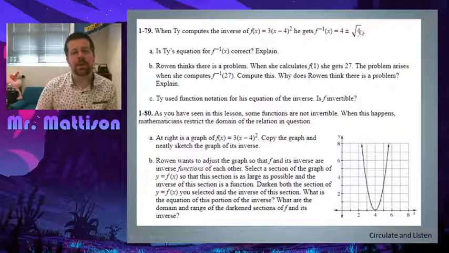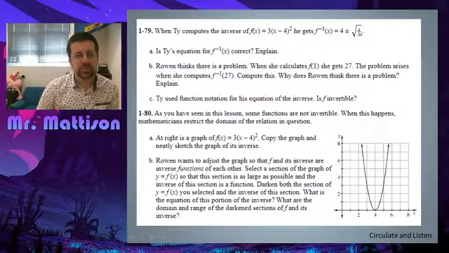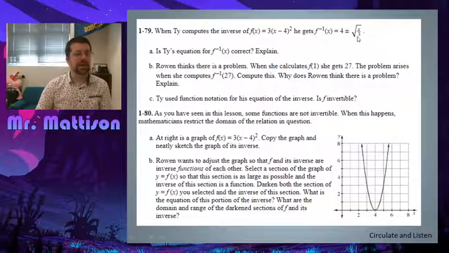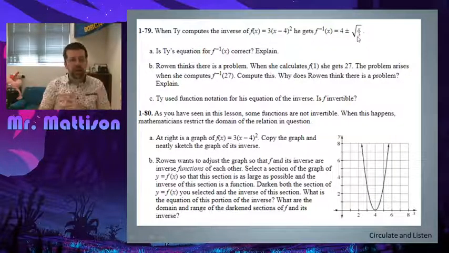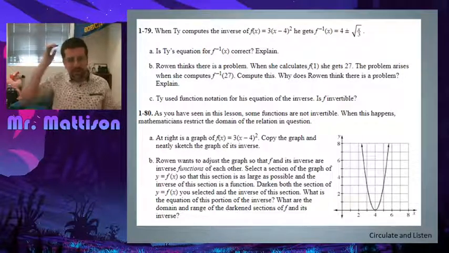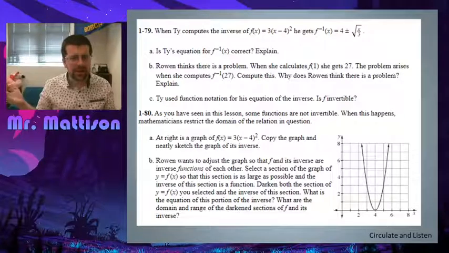I plug in 27 here. 27 divided by 3 is going to give me 9. Square root of 9 is 3. So I get 4 plus or minus 3. So 4 plus 3 ends up being 7, and 4 minus 3 is 1. So I actually get two answers. One of them is 1, and the other one is 7. So is that a problem? Like, what's going on there, right?